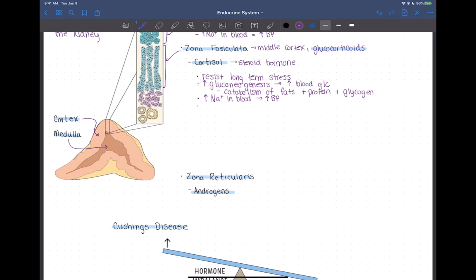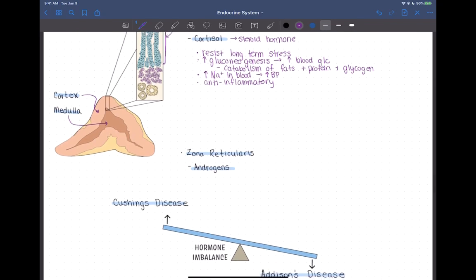Cortisol also has anti-inflammatory properties. This is used medically because people who have a lot of chronic inflammation can get a cortisone injection, using these anti-inflammatory properties of cortisol to help relieve that inflammation.